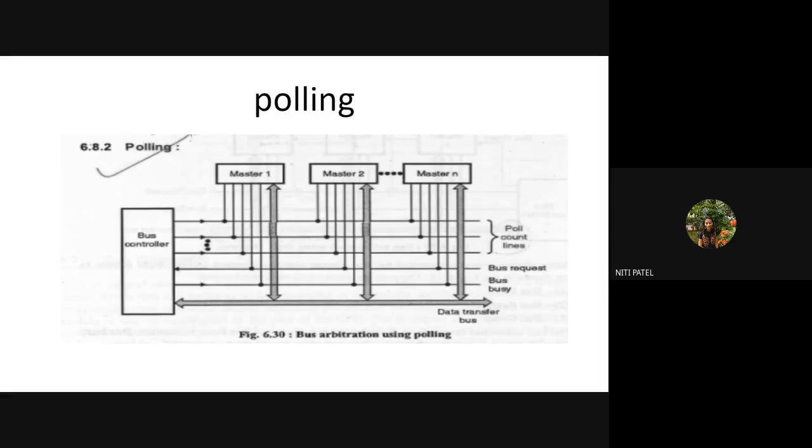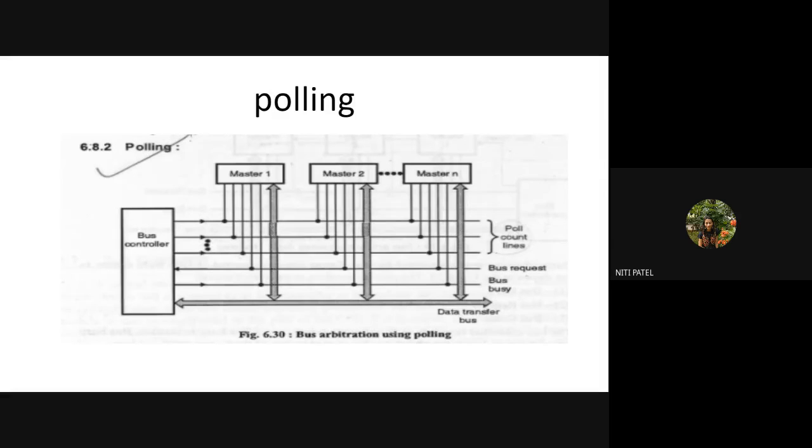For example, if master 1 has requested the bus through the bus request line, and the poll count line has generated an address 0000, when this request reaches the bus controller, it will also calculate the address.